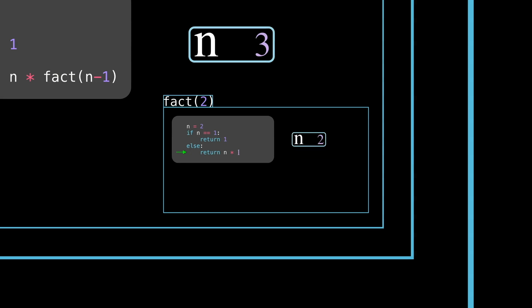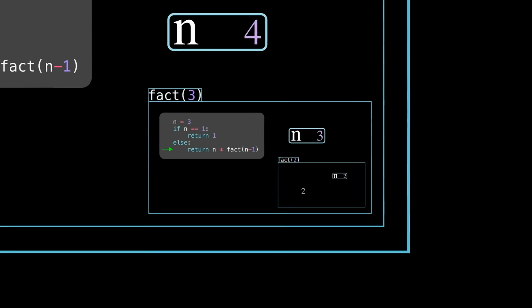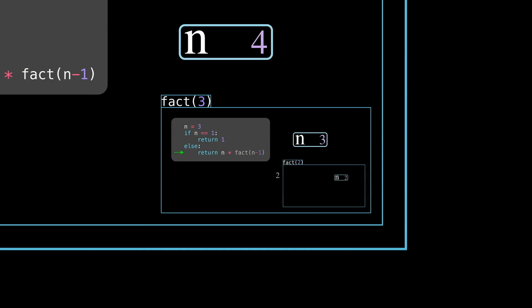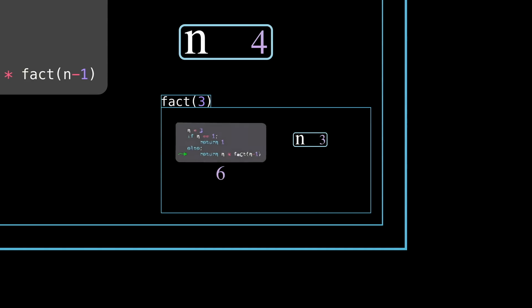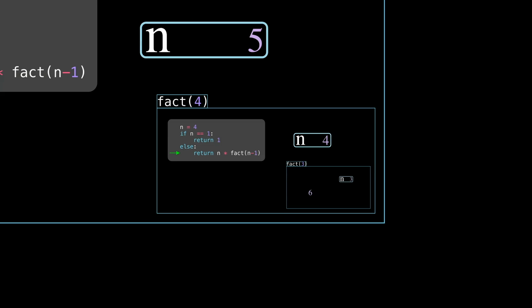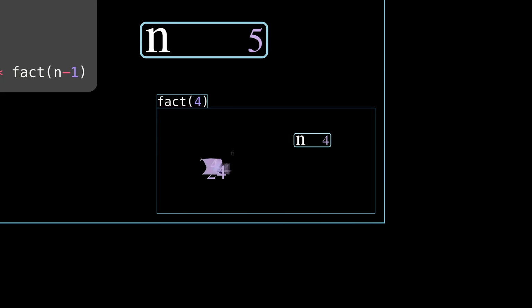Now, the parent function frame, fact 2, can fully evaluate the return statement n times 1, which is 2 times 1, and the value 2 is sent back to its respective parent frame, which will evaluate 3 times 2, 6, and 6 is sent back to its parent frame, which would evaluate 4 times 6, 24.